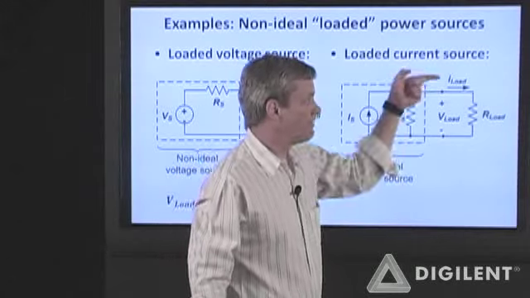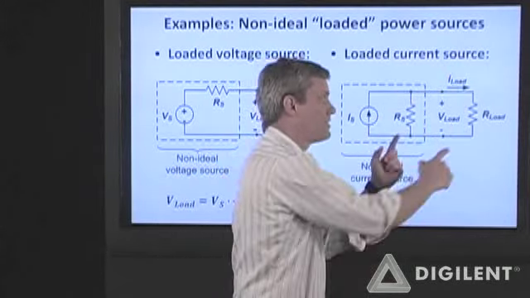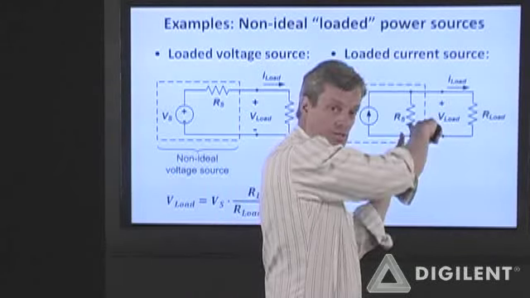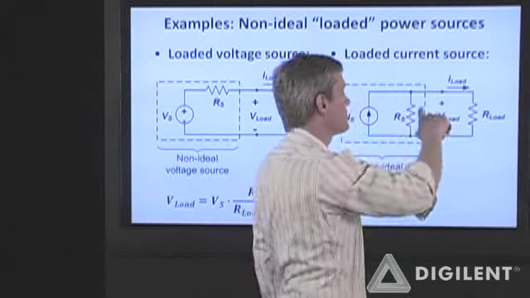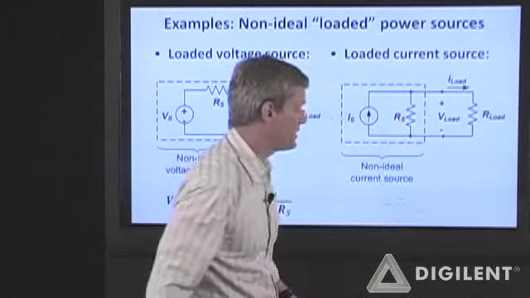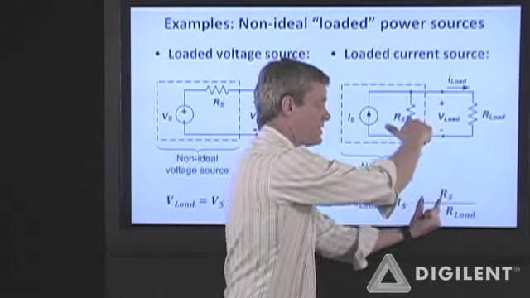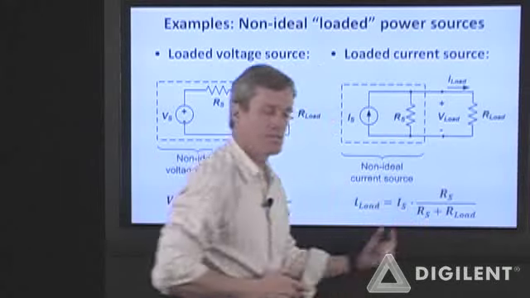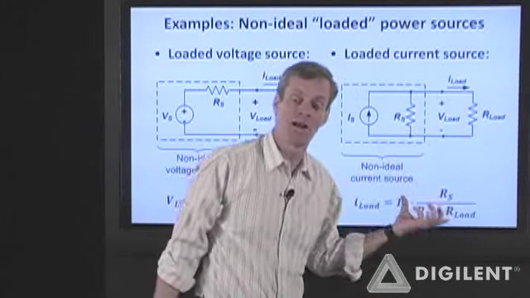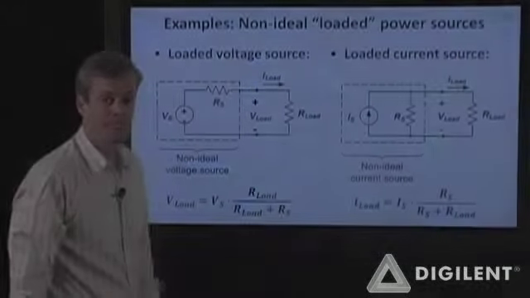In a current divider, I load is the total current into the parallel combination times the other resistance in the parallel combination, so it's going to be IS times R sub S, over the sum of these two resistances. So I load is the total current times this resistance over the sum of this resistance plus this resistance. We can write that by inspection of this circuit rather than by writing KVL, KCL, Ohm's law, etc.